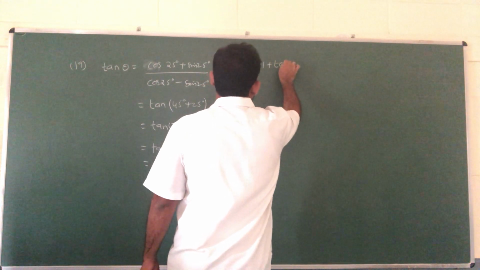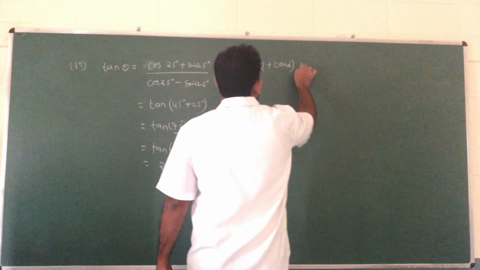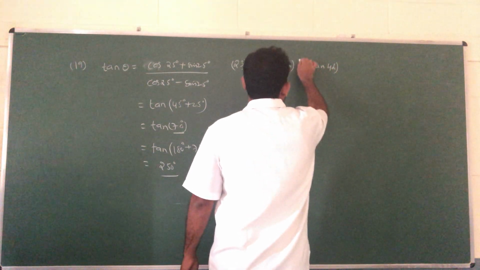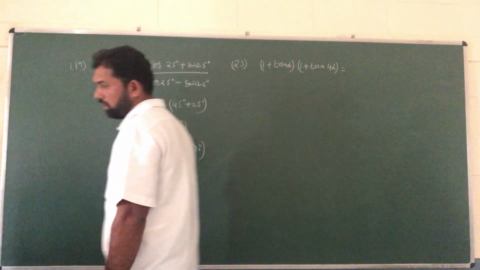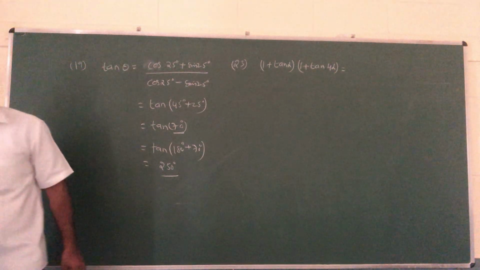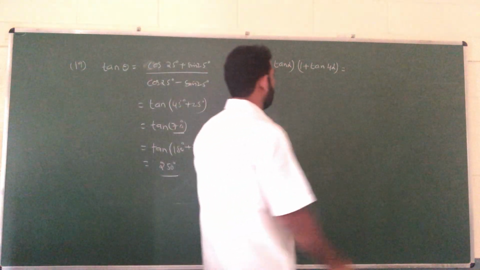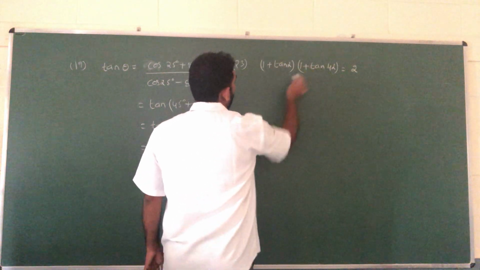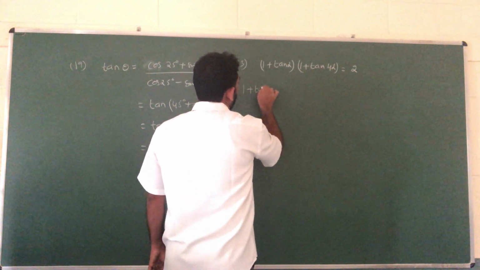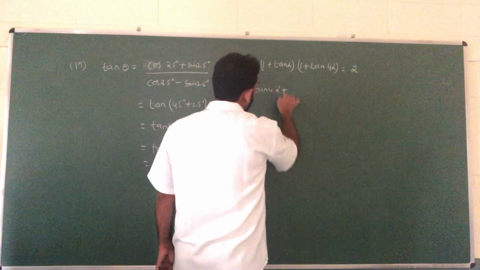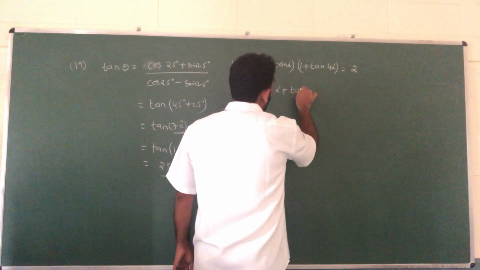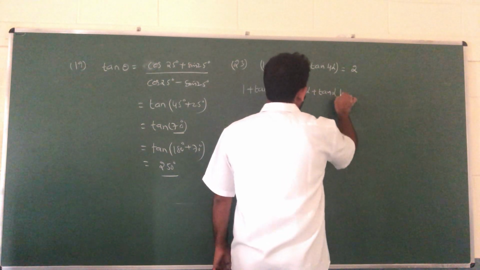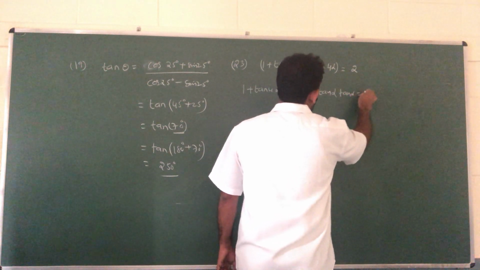1 plus tan alpha, 1 plus tan 4 alpha, it is equal to 2. So then multiply these two. 1 into gives 1 plus tan 4 alpha plus tan alpha plus tan alpha into tan 4 alpha, it is equal to 2.